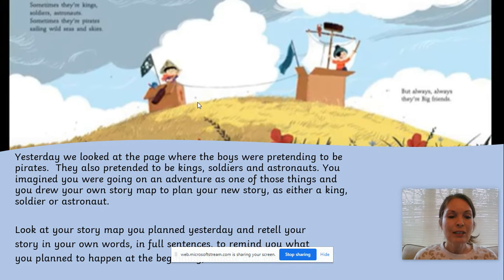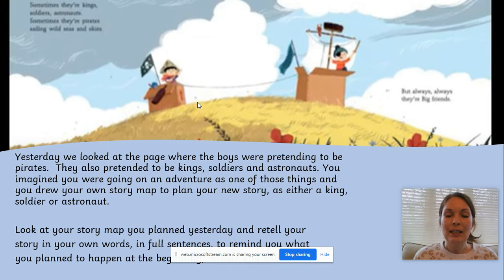Now, I want you to look at your story map that you planned yesterday and retell your story in your own words in full sentences to remind you what you planned to happen at the beginning, the middle, and the end of your new story.